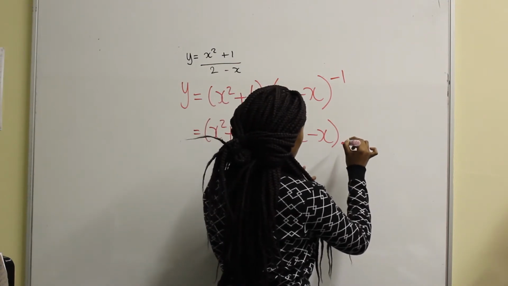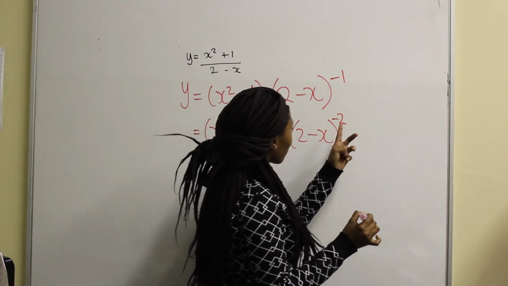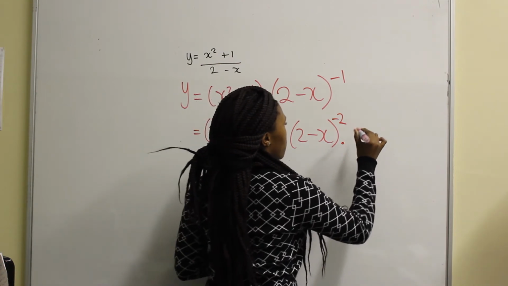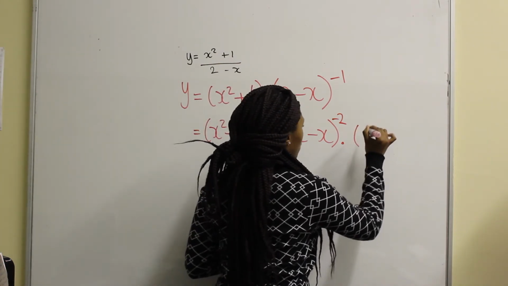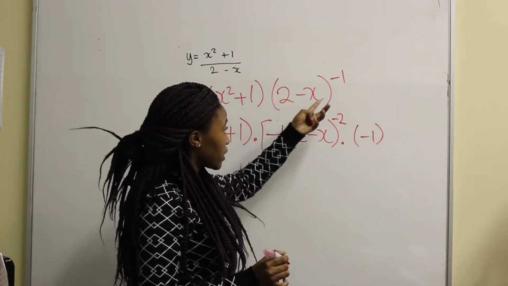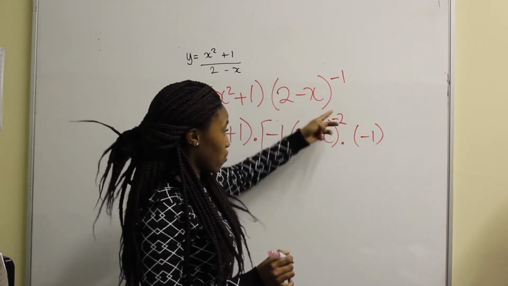So to the power -2, remember your power. So the derivative of the inside is -1, because the derivative of the constant is 0.